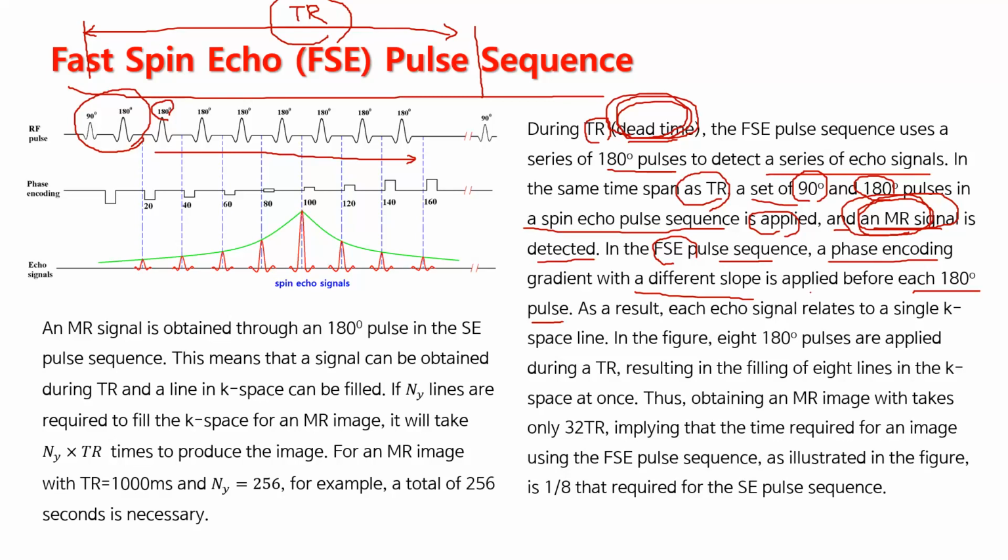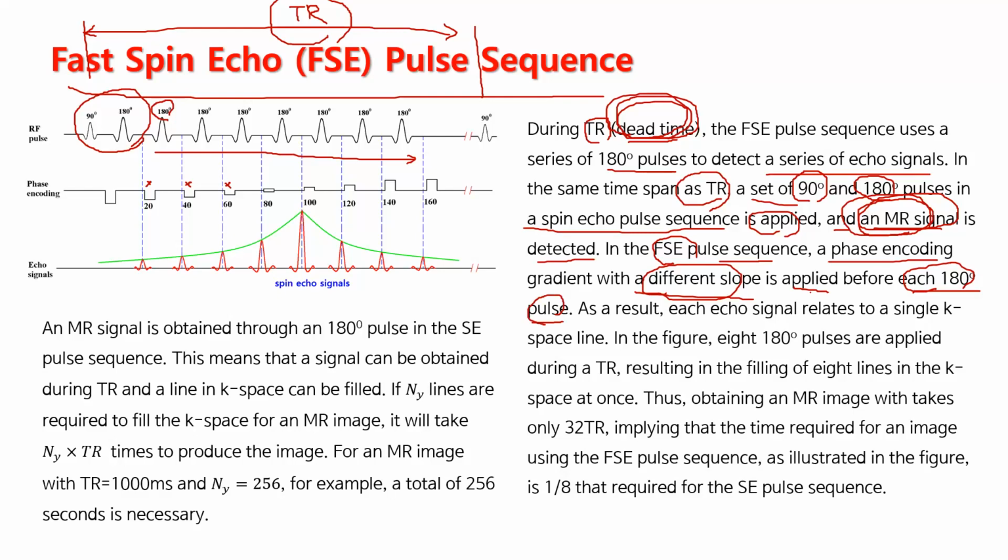So we change the phase each step. Okay. So in the FSE pulse sequence, a phase encoding gradient with a different slope is applied before each 180-degree pulse.